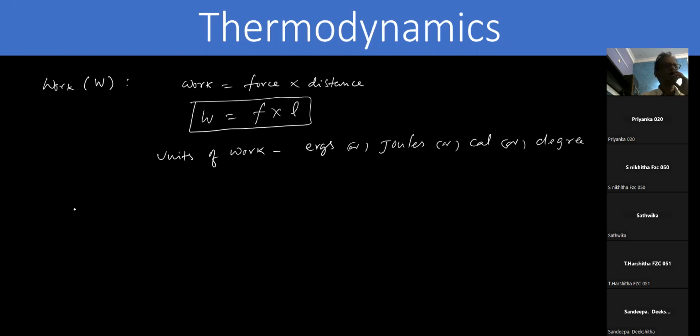In our thermodynamics, work comes from the pressure volume. Work is done by the pressure volume changes. So that gives us mechanical work, which is called pressure volume work.